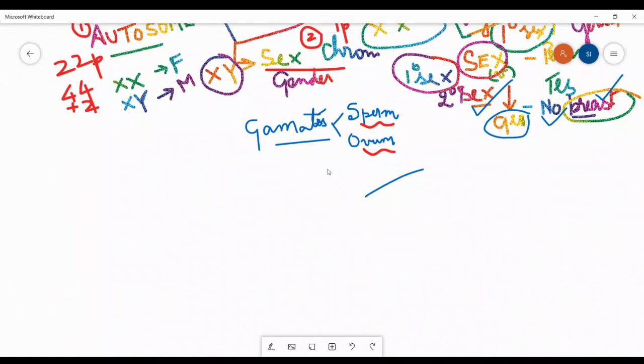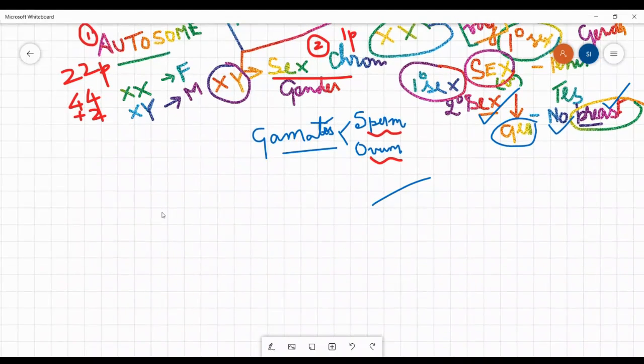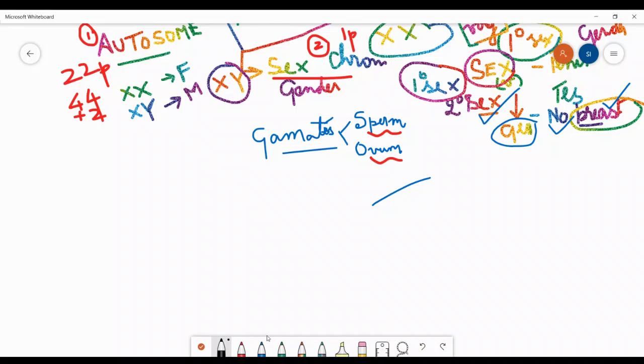The gametes, unlike the autosomes in the rest of the body, do not have 46 chromosomes. So they have only 23 chromosomes. Gametes have only 23 chromosomes. It's very important to understand this concept.